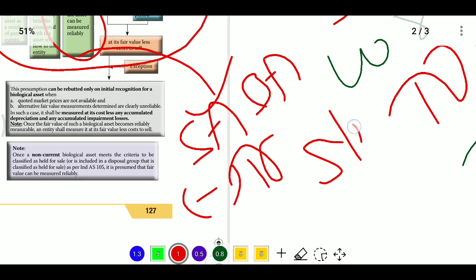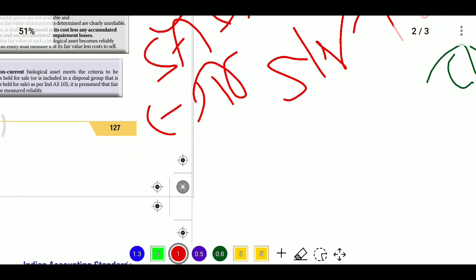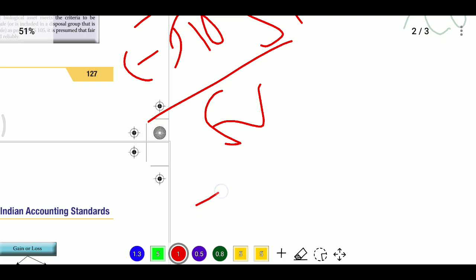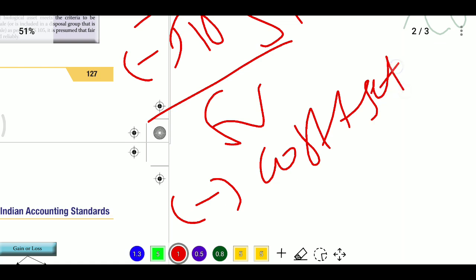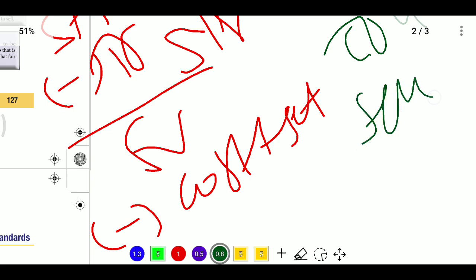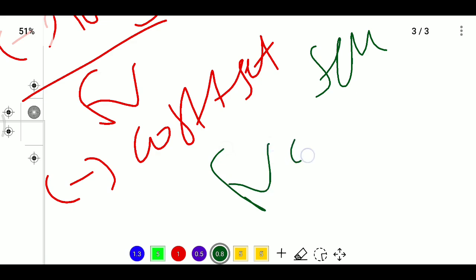Now we will get the fair value of the biological asset as per Ind AS 113. This is the fair value of the biological asset. Now we need to deduct any cost to sell, that is, transaction costs like auction fee borne by the seller. Next we will get the fair value less cost to sell.